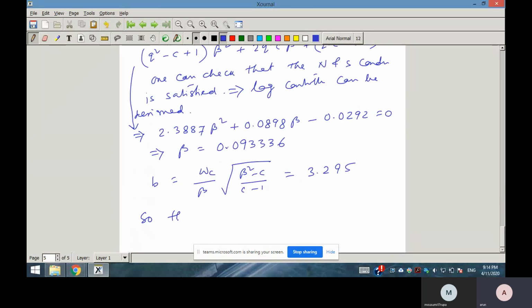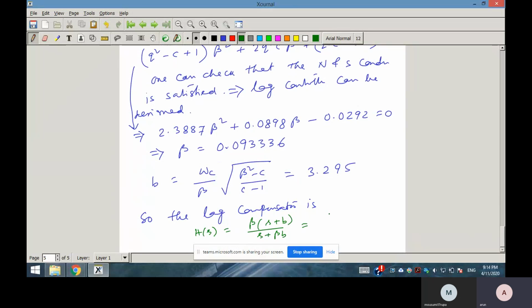So the lag compensator is H(s) equal to beta into (s plus b) divided by (s plus beta b).